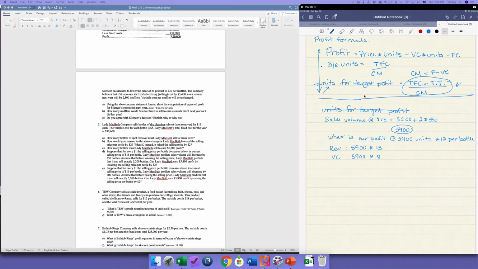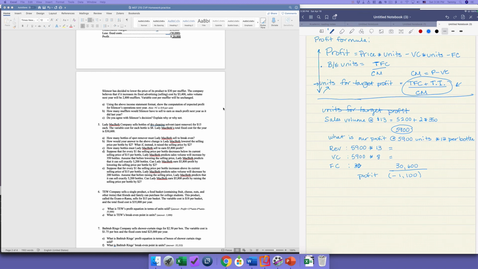And our fixed cost remains $30,600. And so if you calculate this all out, you wind up with a profit of negative $1,100. We'd be losing money.